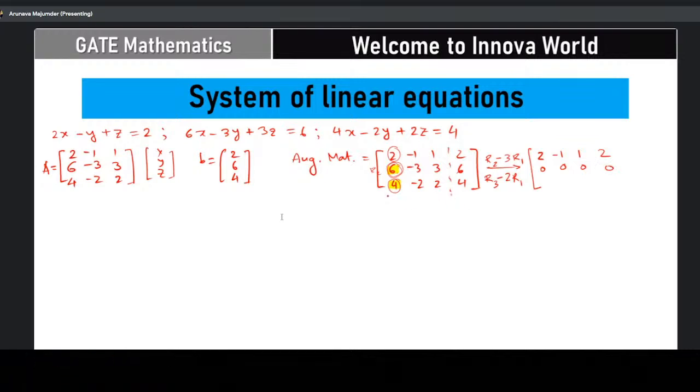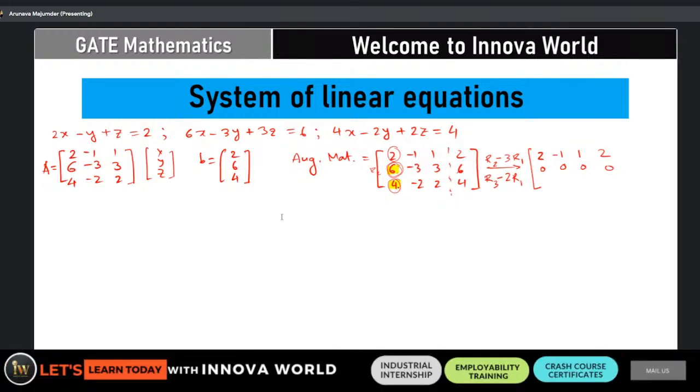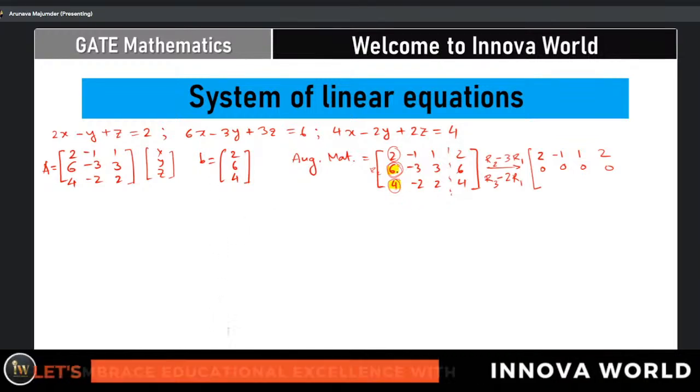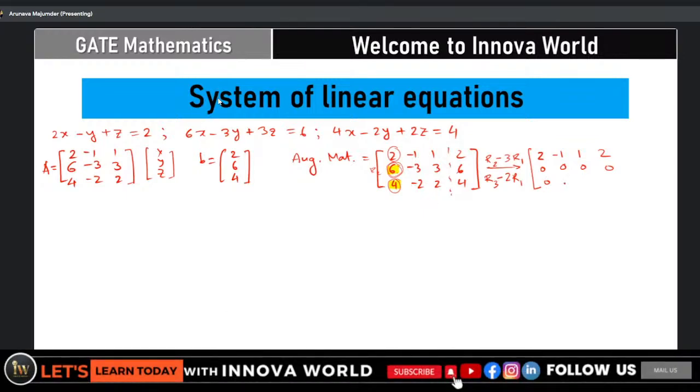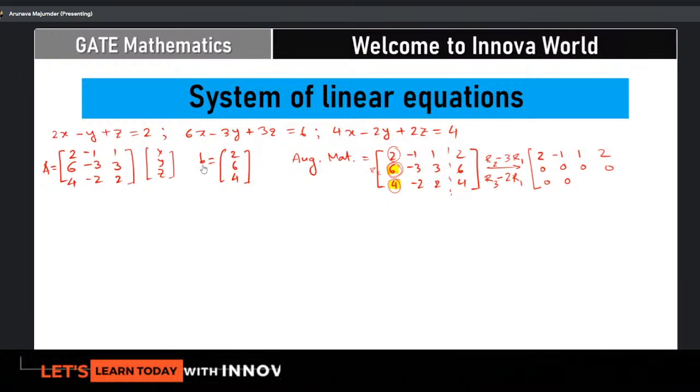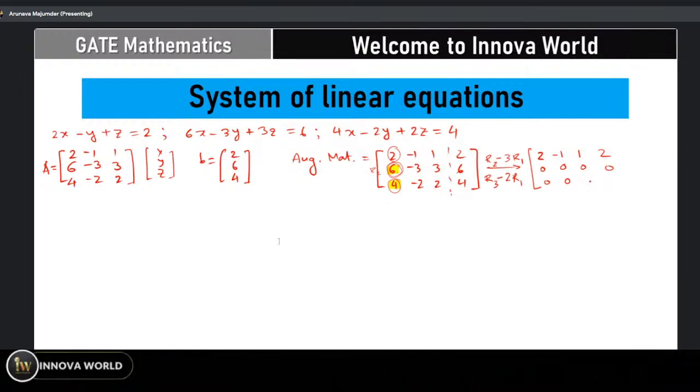Now the last row, 4 minus 2 2 4: the first is 0, of course. The second is minus 2 plus 2, which is also 0. The third is 2 minus 2, also 0. The fourth is 4 minus 2 times 2, also 0.